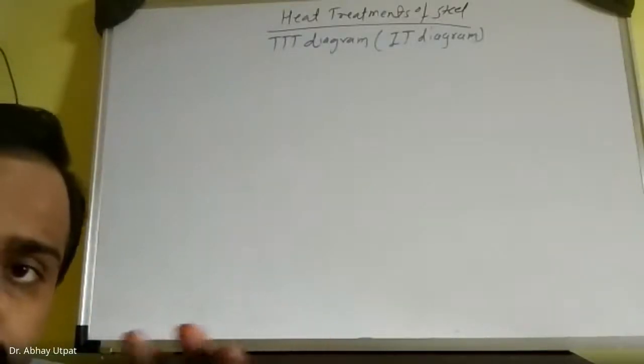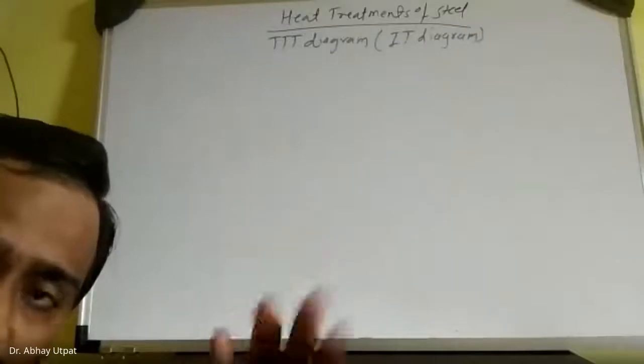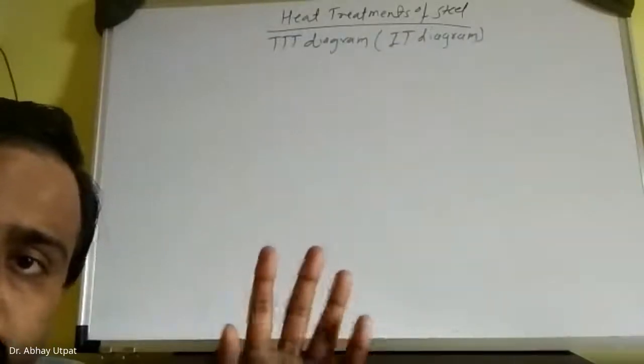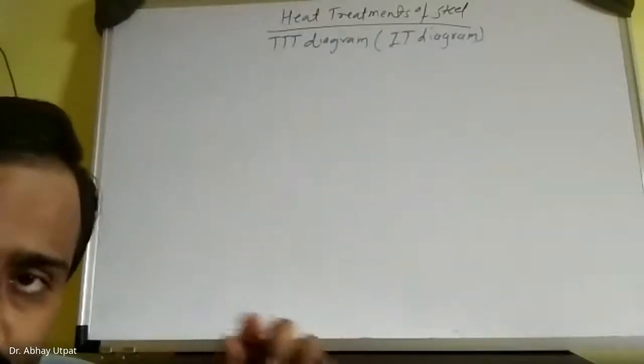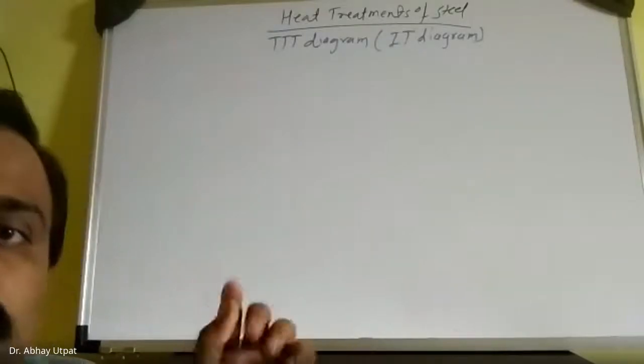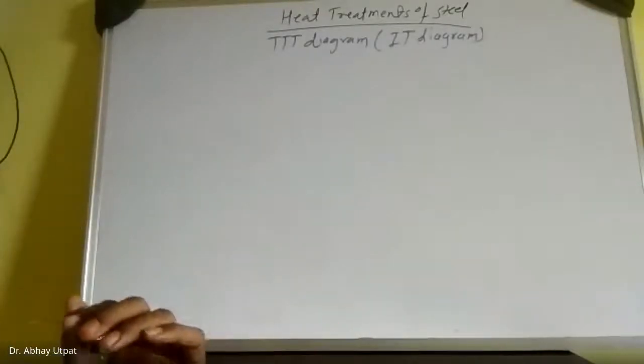So now first write the definition, then I will start explaining. During my explanation, don't write anything. Initially you write the definition of TTT diagram.